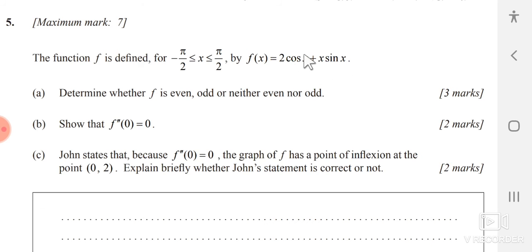And in the same way you differentiate this function: f prime x is equal to minus 2 sin x, plus x derivative is 1, sin x as it is, plus x derivative is 1 and sin x as it is.